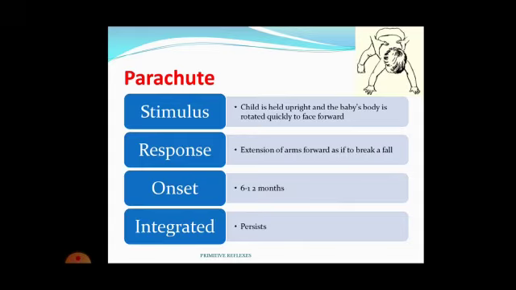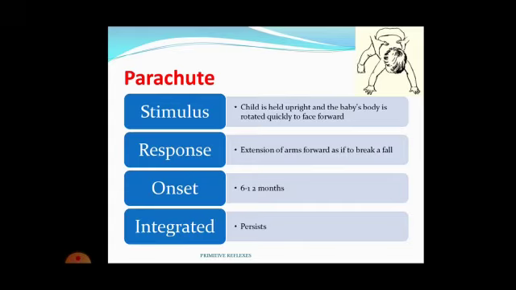There will be extension of the arms forward as if the child is preventing a fall. You can see that the upper limbs are extended here. The child will try to avoid head injury. Just imagine that if someone gives you a sudden forward movement, there are chances of injury to the head. Clear? By keeping the upper extremities in extension, there will be no contact of the head with the ground.